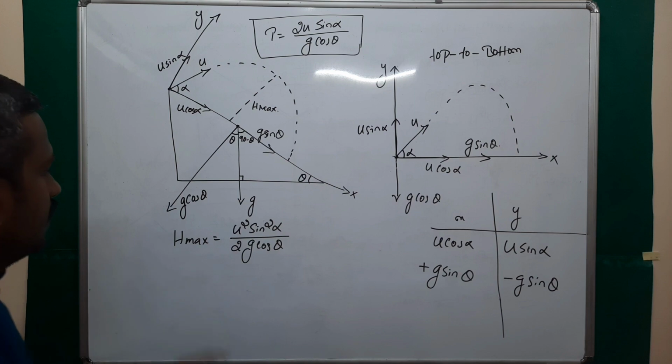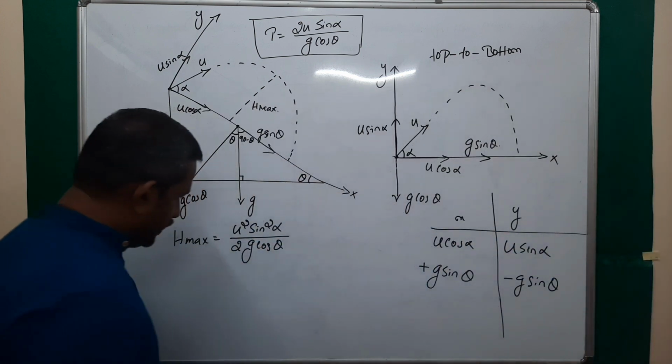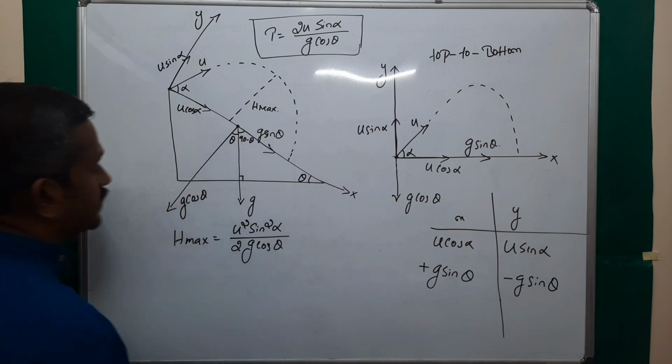So this is the formula for maximum height: u square sin square alpha divided by 2g cos theta.